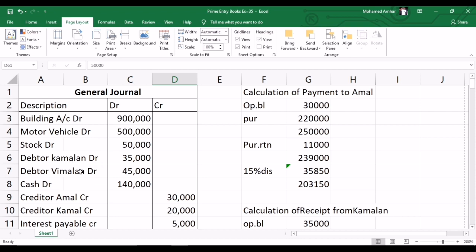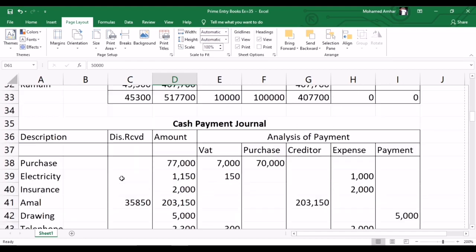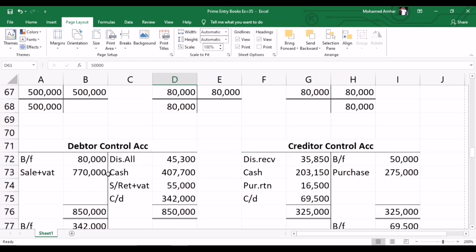There are two debtors, Kamal and Vimalan. Total 35 plus 45, 80,000. So transfer this balance to debtors control account. Yeah, balance 80,000.